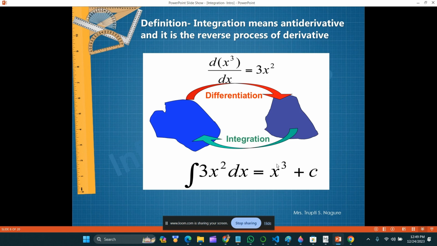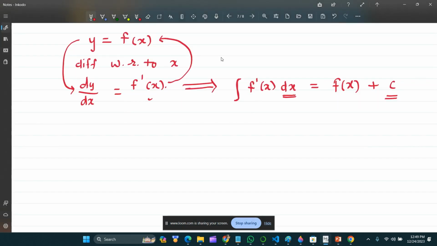Next, you can see an example. Integration means antiderivative, the reverse process of the derivative, which we have just seen on this slide. Next, I will show the importance of this plus c.